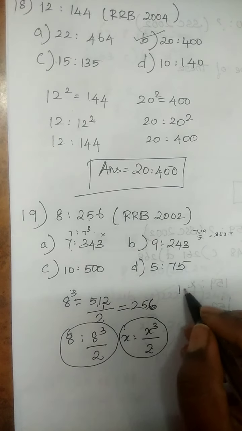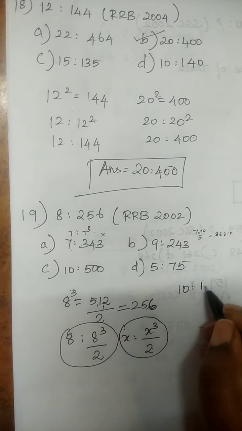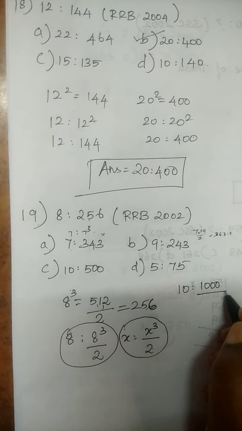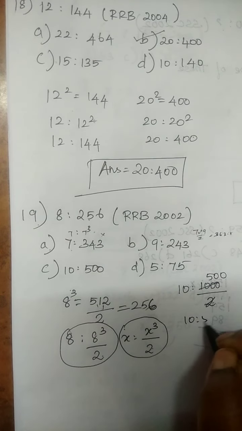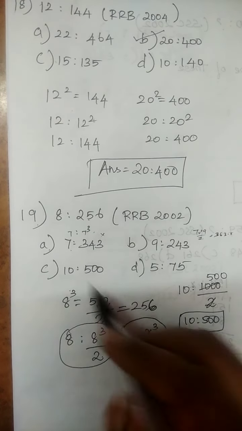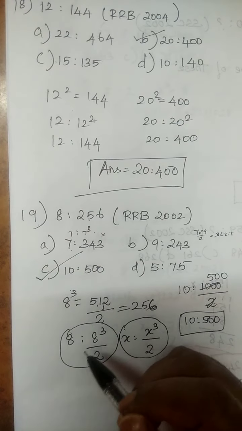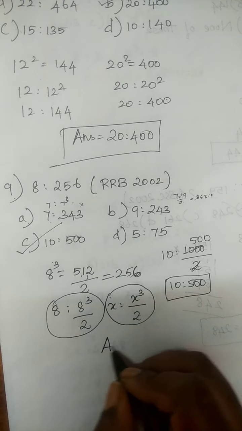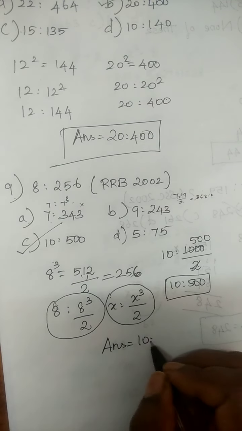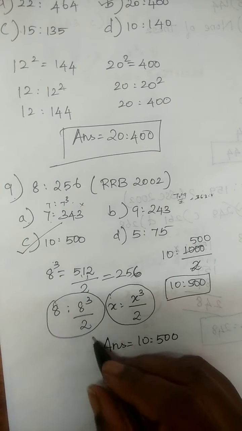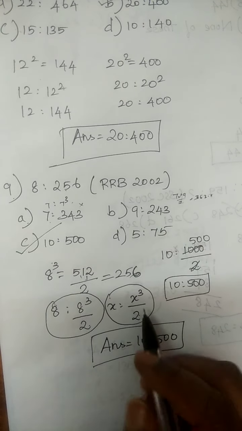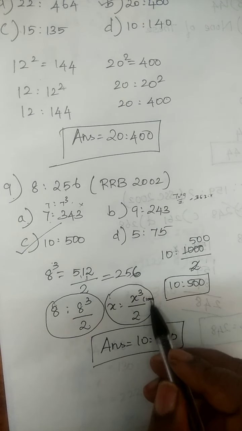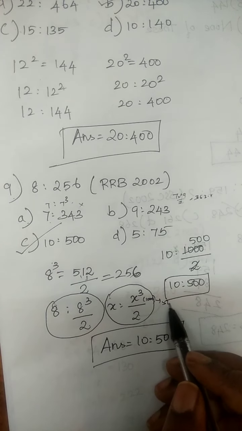10 is to 10 cube, which is nothing but 1000 divided by 2. So 500. So 10 is to 500 is the right answer. So option C is the right answer. Can you get it? Answer is 10 is to 500. 10 cube is 1000. 1000 divided by 2 gives 500.